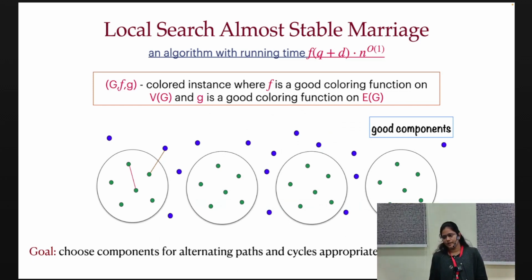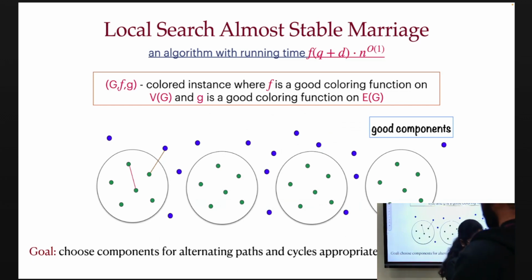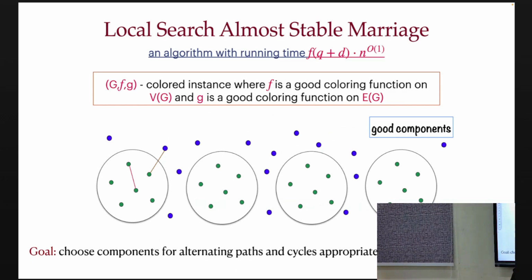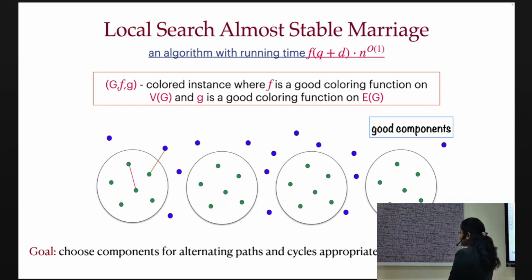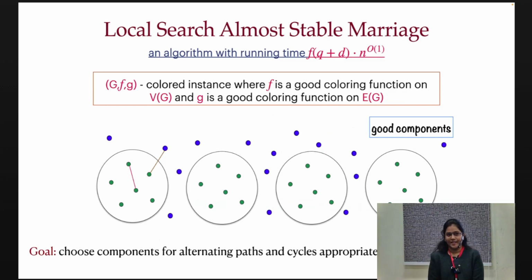We are not going to change their partners in our new matching. Correct. So only the vertices which are part of our component, their partners are going to change. So we need not consider the edges that go out. No. But see, these edges can contribute to blocking edges. Yes. That is why we need to consider them.